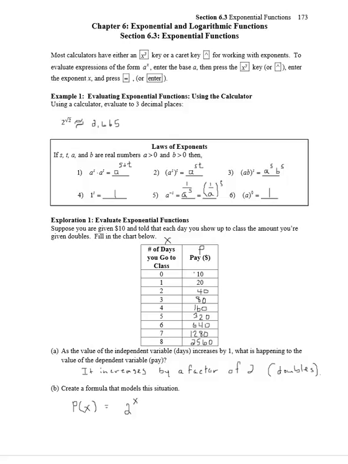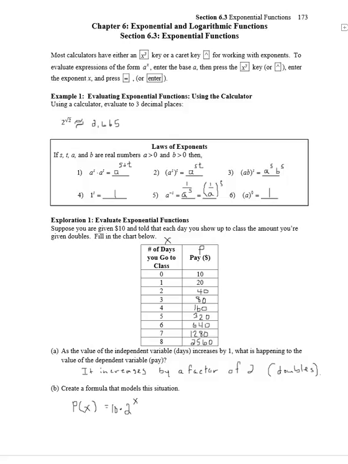What do we need? We need a 10. So we better multiply by 10. So our formula is 10 times 2 to the x. Does that work out? Let's see. If we go for 3 days, 2 to the third is 8, and 8 times 10 is 80, so it does work.